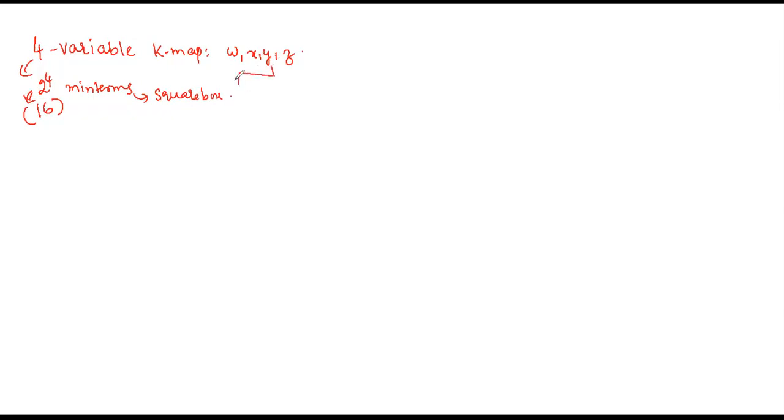If you write the minterms, they will be presented as W bar X bar Y bar Z bar to W, X, Y, Z. Bar is indicated with 0, variable with 1. So this will be M0 to M15, a total of 16 square boxes.